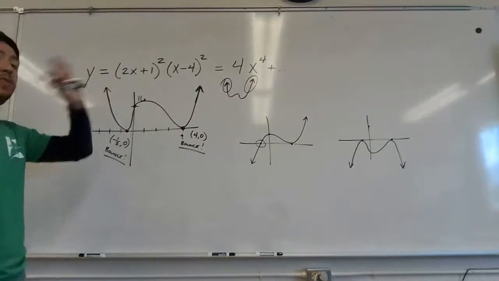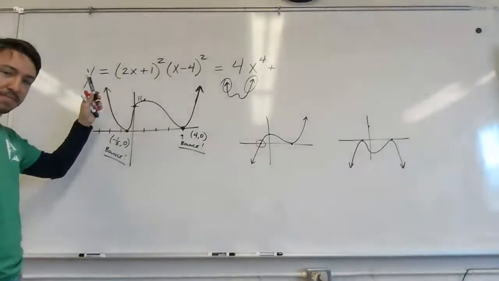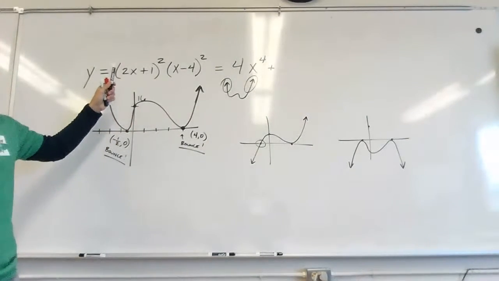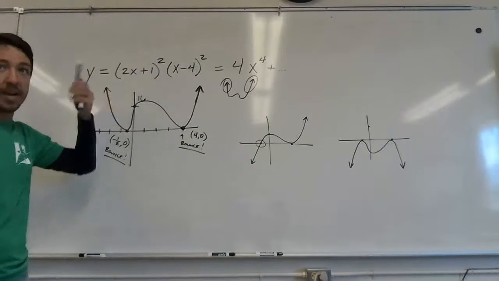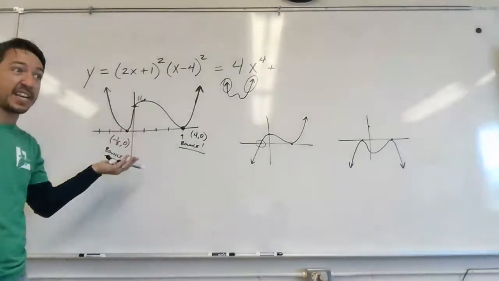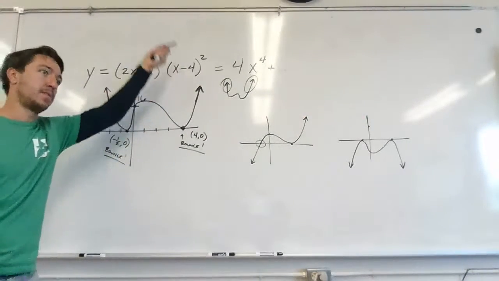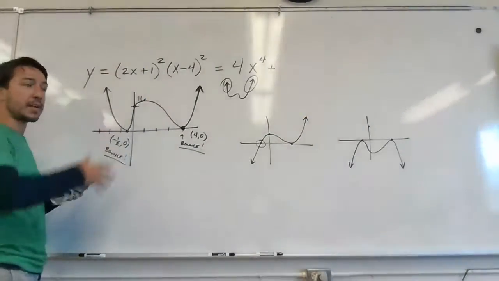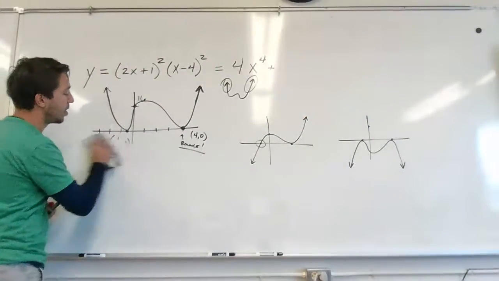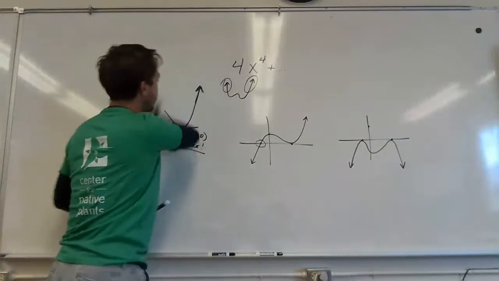So we know that no matter what you ever plug in for x, it's going to be that thing squared, which is guaranteed to be not negative, times another not negative. So now you can see that in the graph. The whole graph is above the x-axis. We're touching this. Okay, one more example.